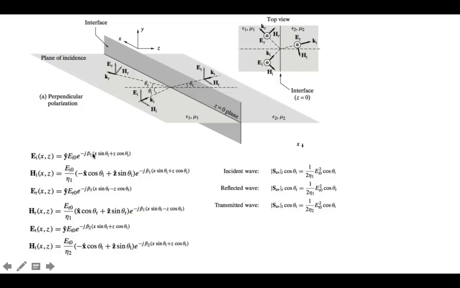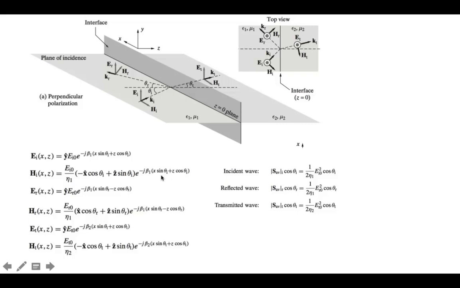So when we express that, we get x sine theta incident plus z cosine theta incident, and that's for our incident wave. And so then when we take the cross product in order to get H, we get E incident over eta 1, and then for the H incident vector, we have the minus x hat direction cosine theta I, plus z hat direction sine theta I, and then the exponent is the same because it represents the direction of propagation.